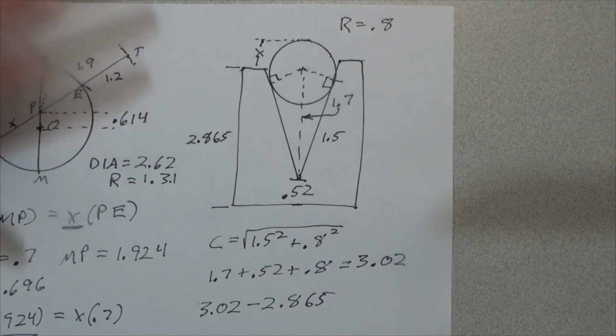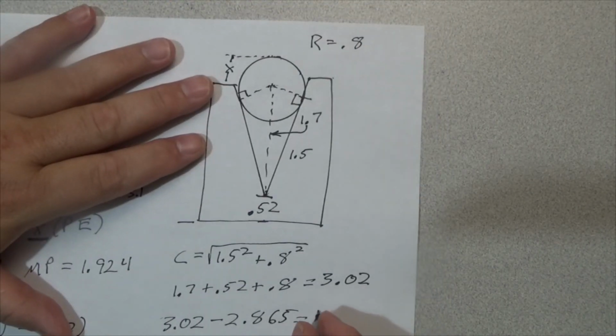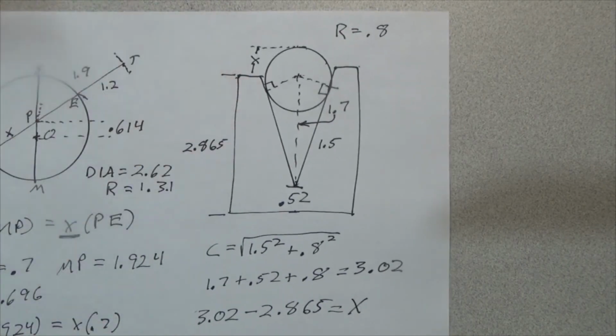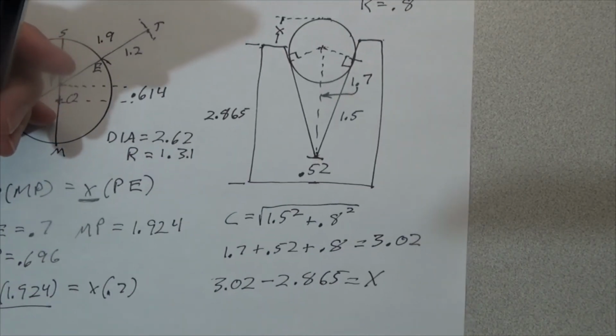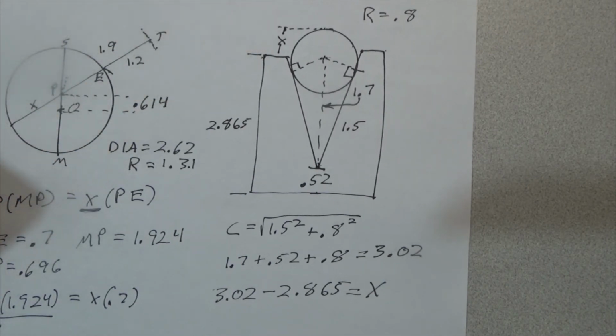So that will give me x. Keep that on the screen. 3.02 minus 2.865.